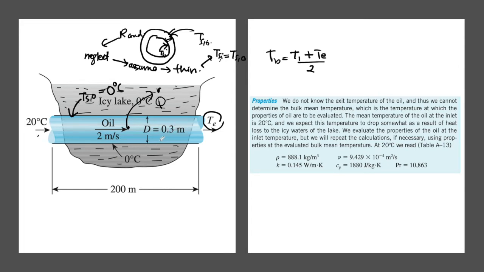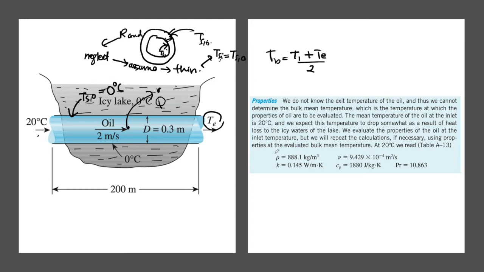But now heat is lost from the system to the surroundings. Therefore, T exit is lower than 20. So if we take T exit around 20 or 19, we get around 20 degrees Celsius for the bulk mean temperature. That is why I try my first assumption, bulk temperature at 20 degrees Celsius.